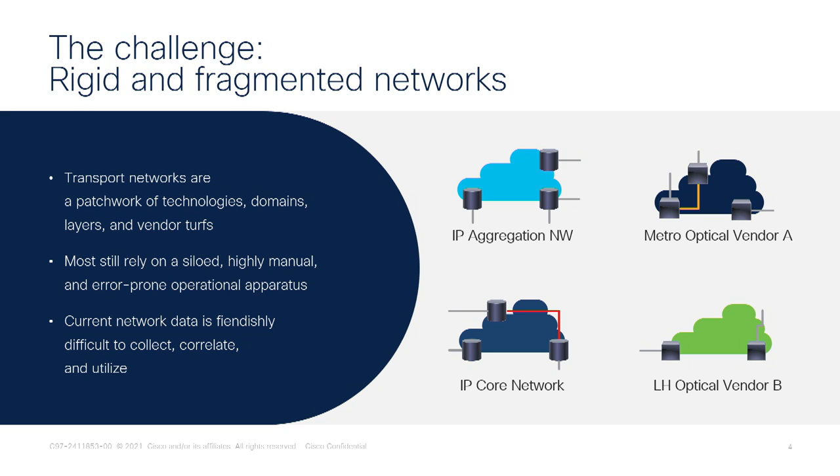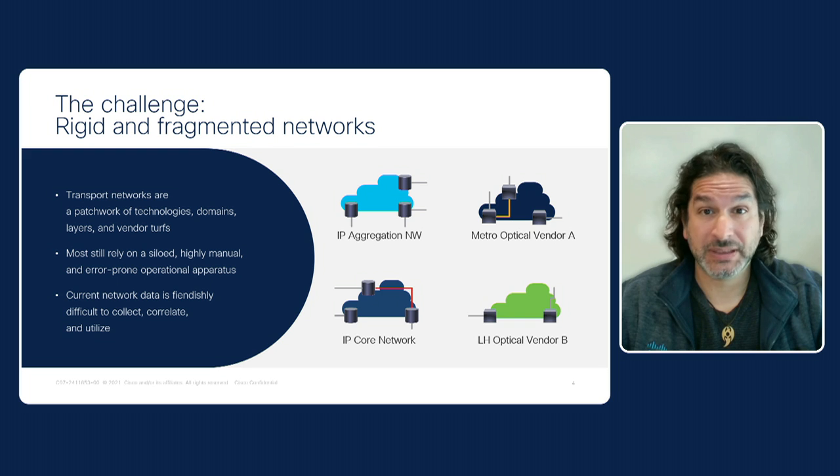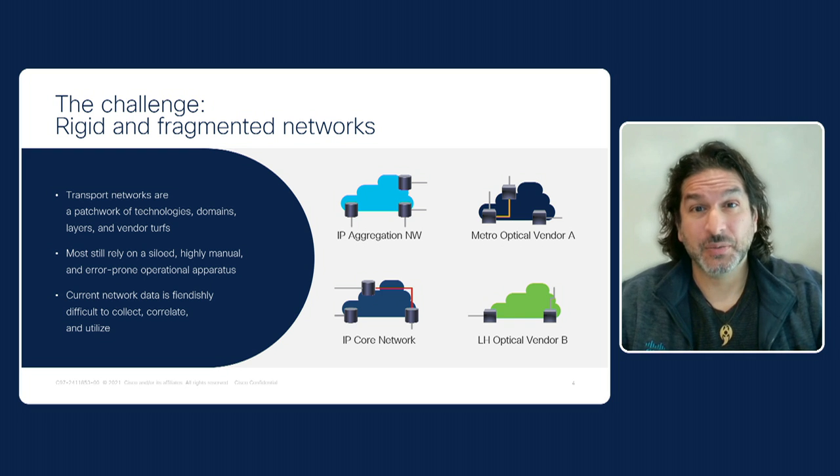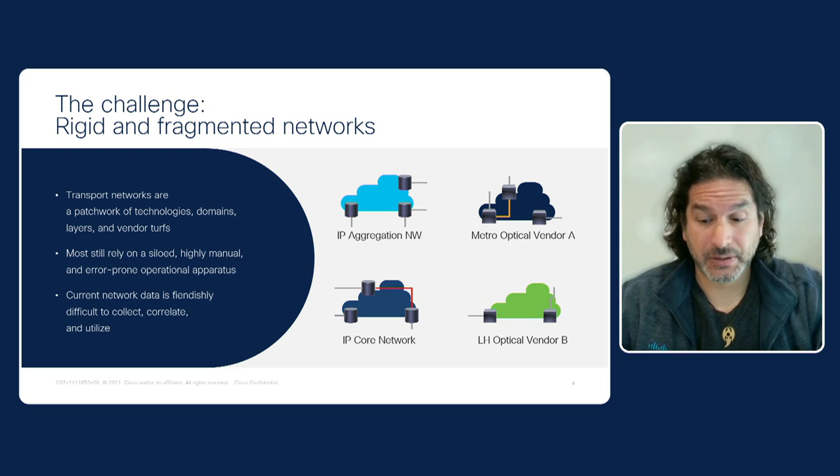This is made worse by the fact that the management platforms typically used to run networks are usually focused on a specific network domain. For example, you may have an optical network and an optical network management platform. Its concern is that particular optical network, not the way in which that network connects to other networks. So the HCO's primary value is that it brings all of those things together.